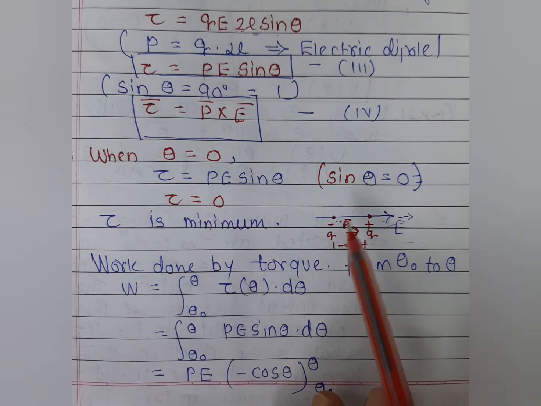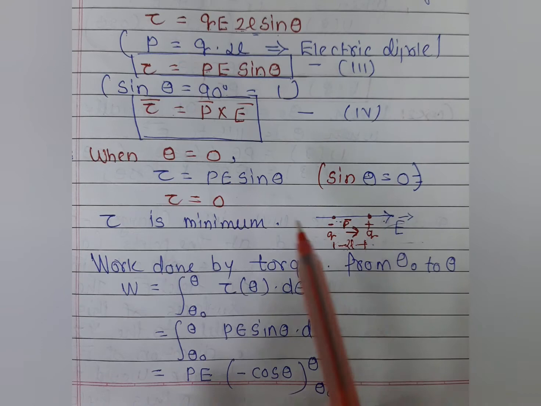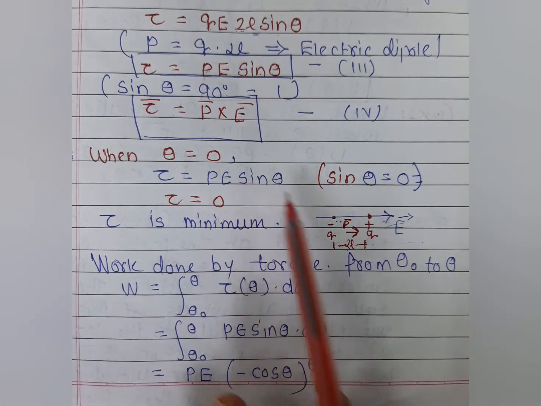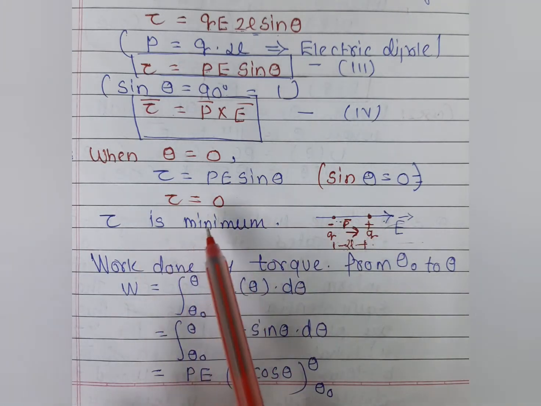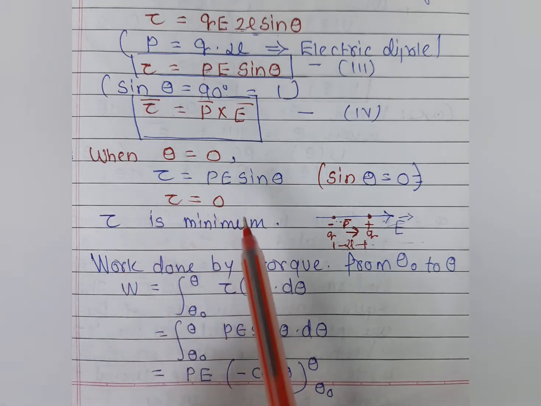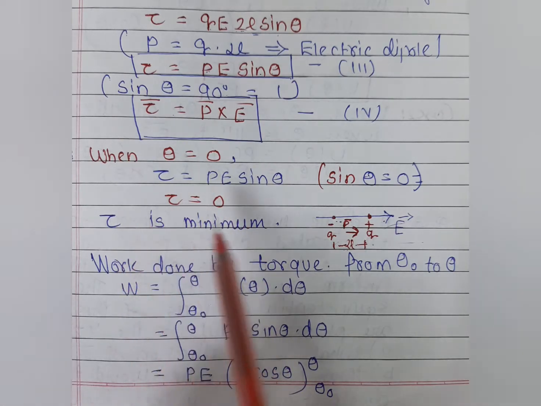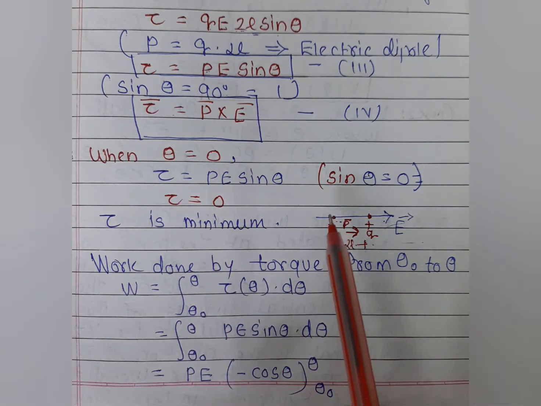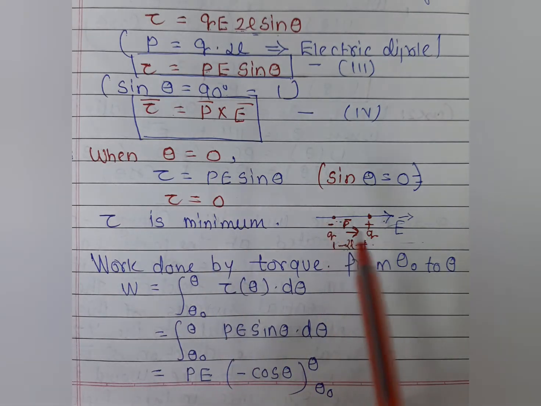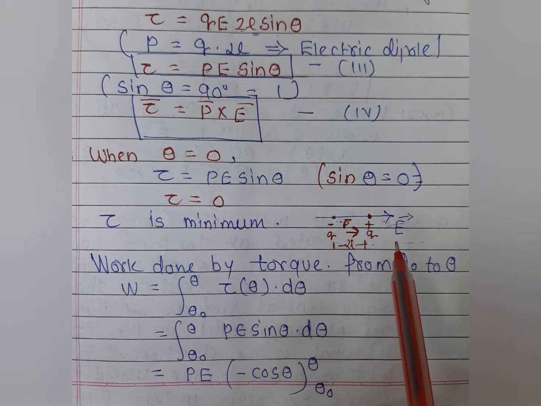Sine theta is sine 0, which is 0, so the whole term becomes 0. That is why the torque is minimum, zero torque. There is no turning effect when the two charges are along the direction of the electric field.